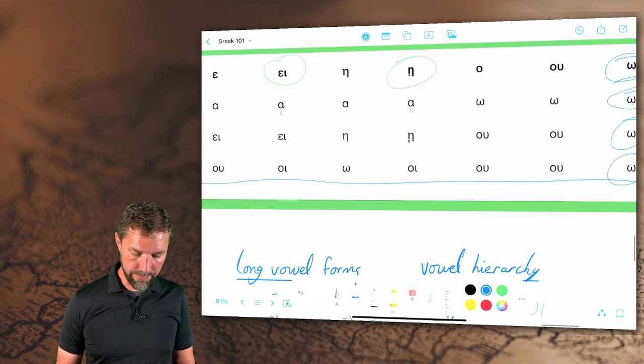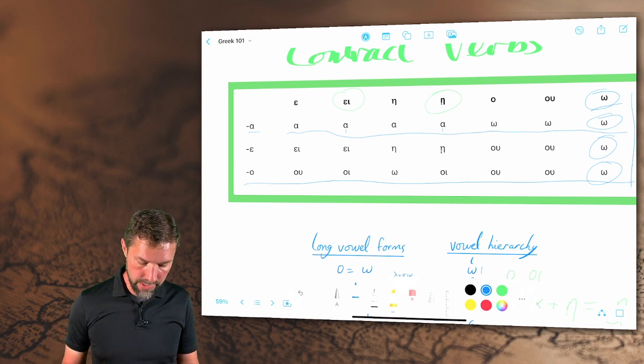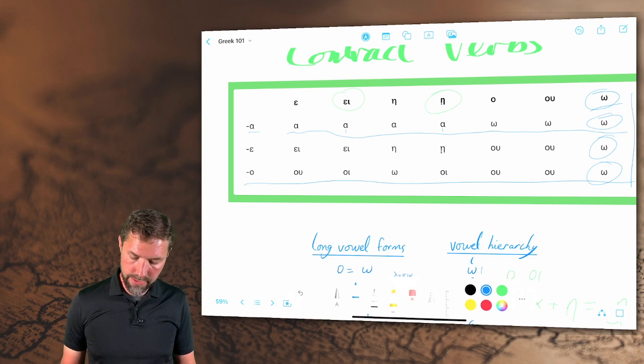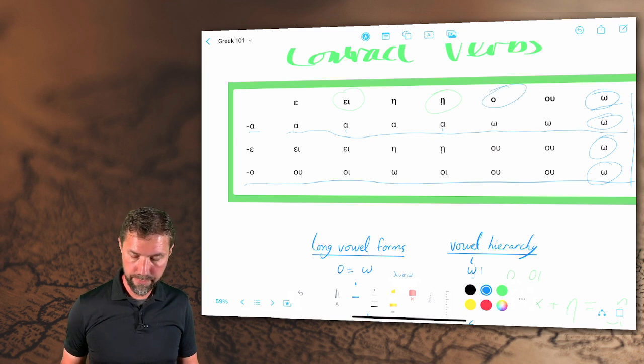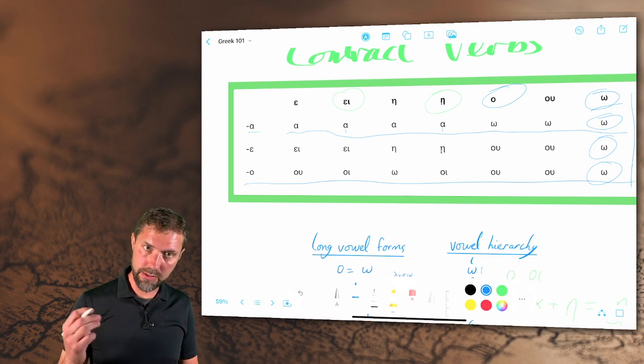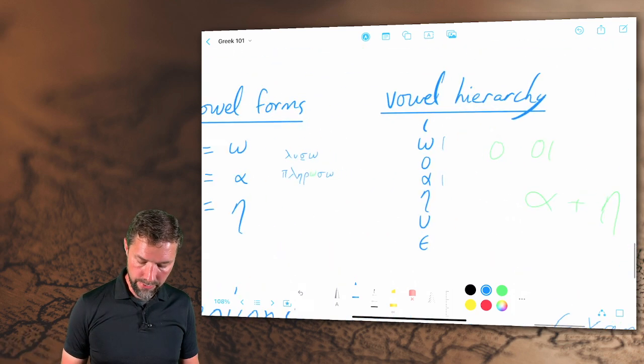If you notice the alphas here, look across this form, and I'll notice that the alphas are very much retained all the way across. The alpha is a strong form. The differences are the places where I have an alpha going up against an omicron. And there I end up with something like an omega. Because, remember, the omicron is a stronger form, it's higher in the hierarchy than the alpha is, and the omicron lengthens to an omega. Continuing down, I have the etas.